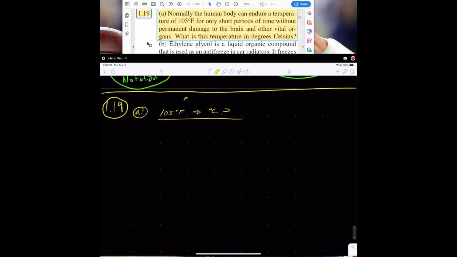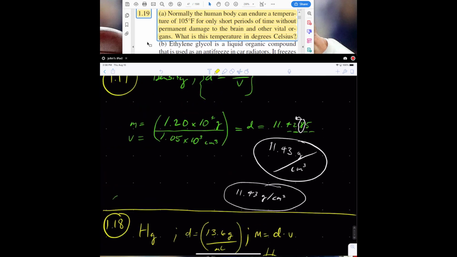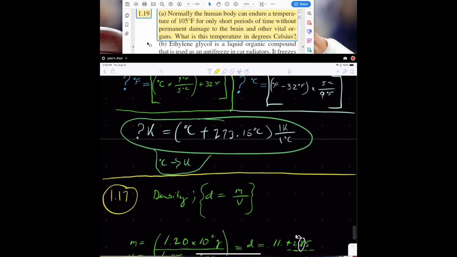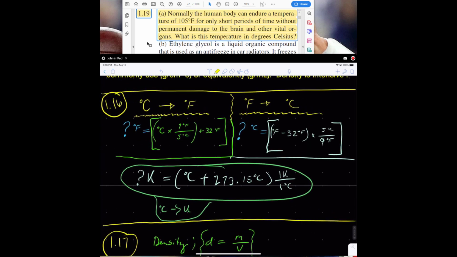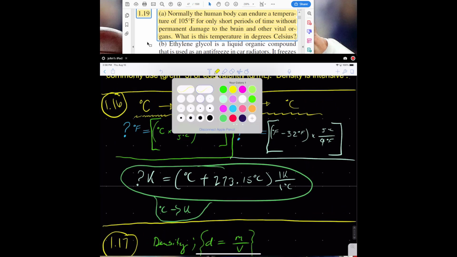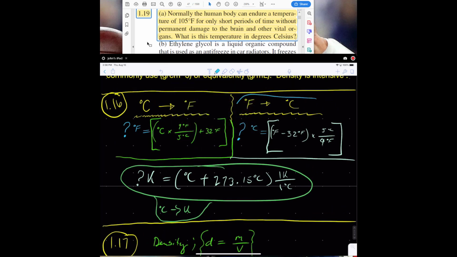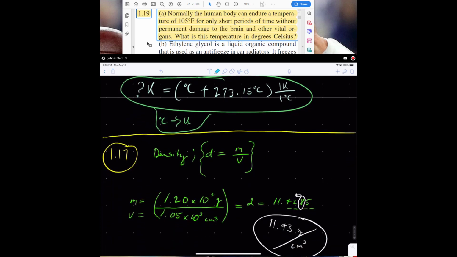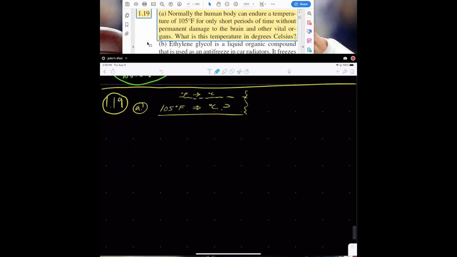So we're going from degrees Fahrenheit to degrees Celsius. And earlier we mentioned a couple different formulas here. We have this one here on the right, degrees Fahrenheit to degrees Celsius. We're going to use that one. So how are we going to set that up?